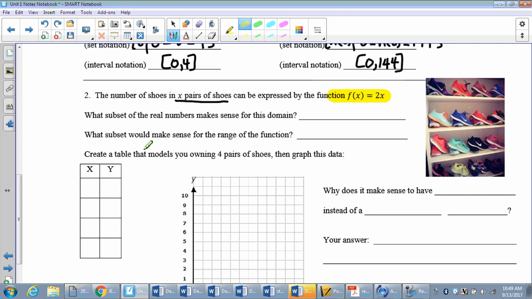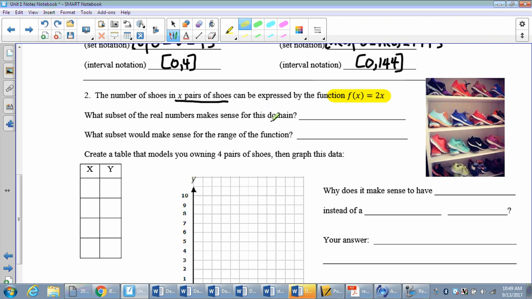So when we say subset, we're saying like what piece of all possible x values, what restriction is going to exist? Well, the domain is about what? Well, I see here I underlined x is the pairs of shoes. Domain is all about x.